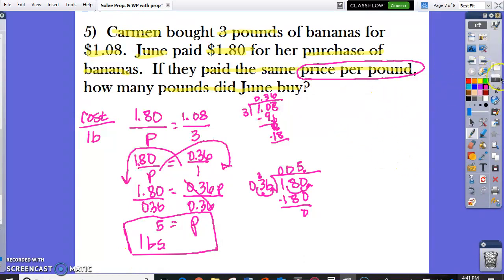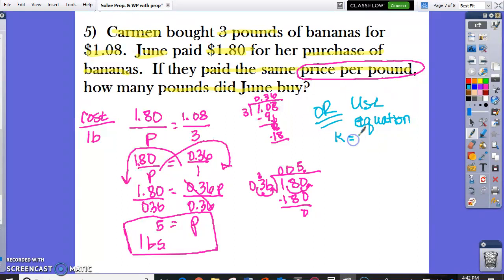Now you could, if you wanted, use an equation. We'll need a K, a constant.